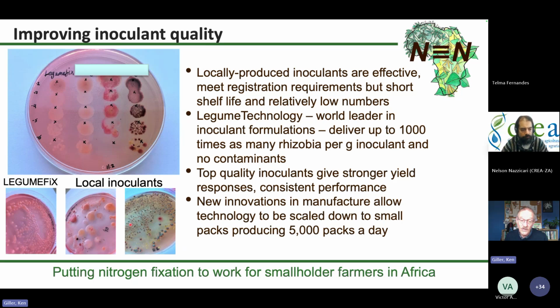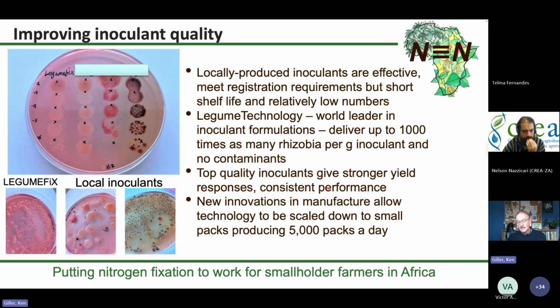Now, these inoculants work if they're used quite soon after manufacture, but they tend to have a very short shelf life and low numbers of bacteria, compared with inoculants such as this one from Legume Technology, which produces on a sterile carrier, so it only contains rhizobia in the inoculant. It can deliver up to 1,000 times as many rhizobia per gram of inoculant.